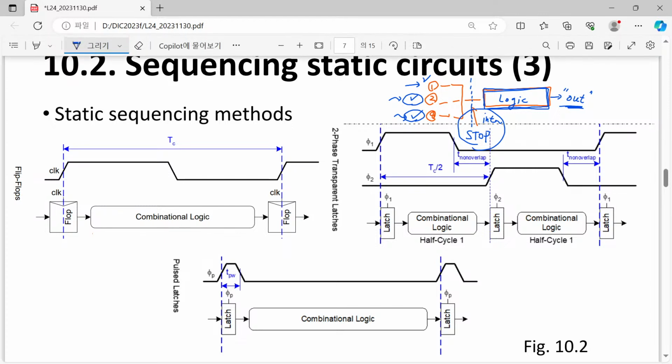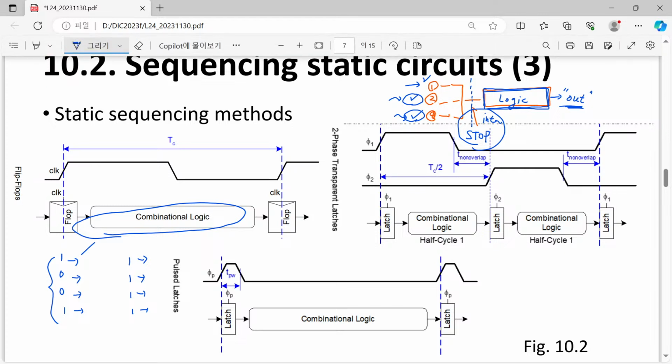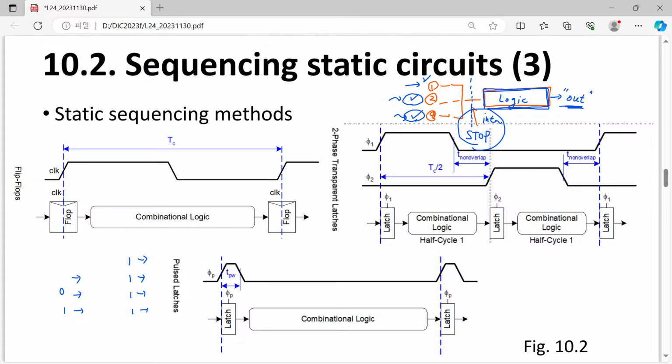Even for a given logic circuit, depending on the input pattern, for example 1 0 0 1, so let's say that it has 4 inputs, and if we have this input and 1 1 1 1, you know that it generates different propagation delay. So therefore, although we have to try to minimize the combinational logic's delay, there is no guarantee that it becomes precisely a certain nanosecond or a certain picosecond.